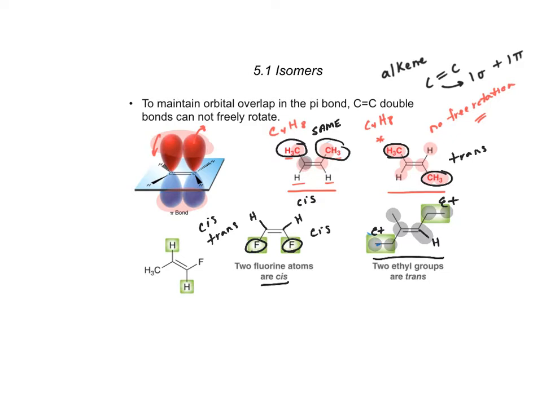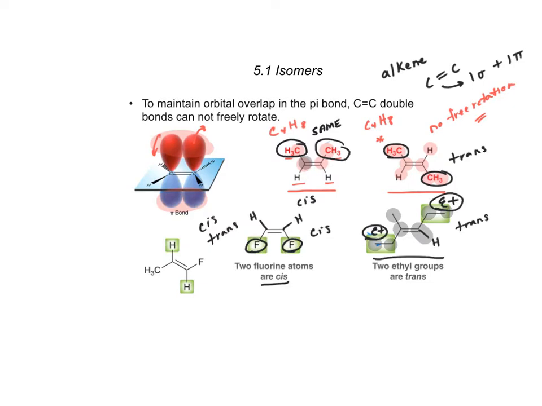So when we're using cis trans, what two groups are we comparing here? They have to be the same on either side of the double bond. We're comparing the two ethyls, right? So here we'd be comparing where the ethyls are relative to one another. Where are they relative to one another? Across or same? Across, right? So they're opposite one another, so this would be trans.